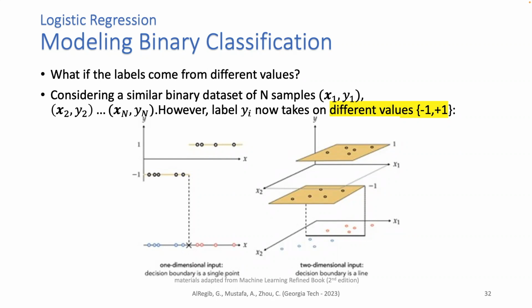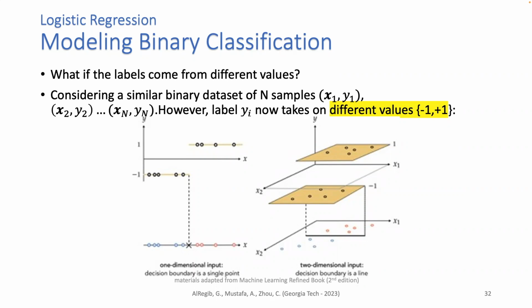So the sigmoid will not do. The sigmoid will give me a 0 and a 1. That's by nature the sigmoid function, remember? 1 over 1 plus e to the negative x. This will map to a 0 or a 1, right? So now the sigmoid will not work in this case.